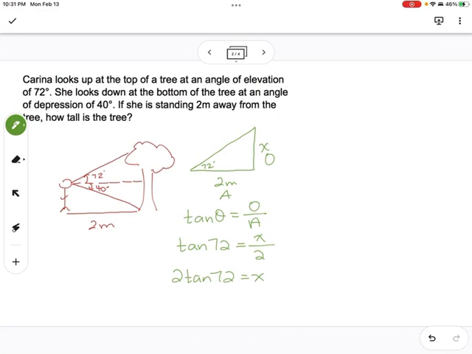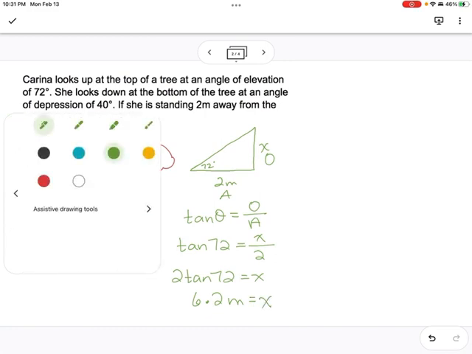In the calculator, I'm putting 72 tan times 2. And we get 6.2 meters for the top piece of the tree.